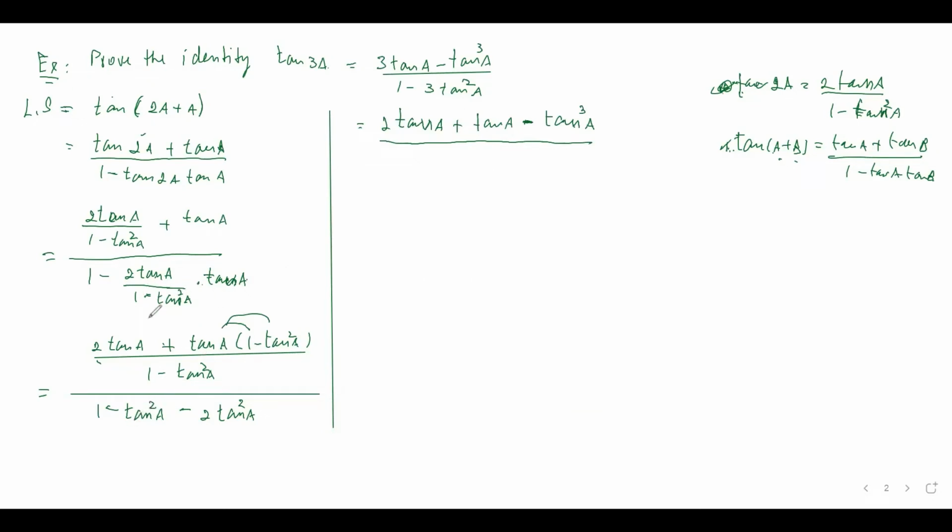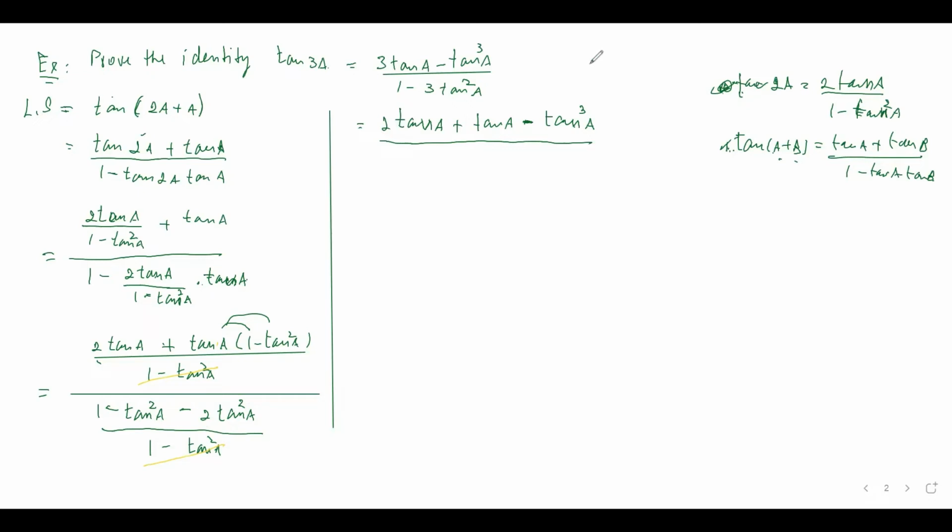I forgot because this is the LCM, there should be the LCM in the bottom too. This one 1 minus tan squared A. Okay, so from this you can see this is a reciprocal, right? So this one cancels, correct? You are left with the top one, which we simplify here, over the bottom one.